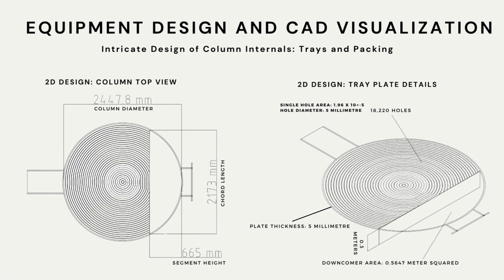The plate itself has a thickness of 5 millimeters. Additionally, the downcomer area is 0.5647 square meters, complemented by a downcomer panel measuring 0.3 meters. These precise details are crucial for ensuring effective liquid and vapor distribution within the distillation column, thereby enhancing the overall separation efficiency.